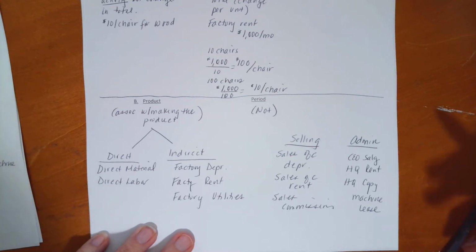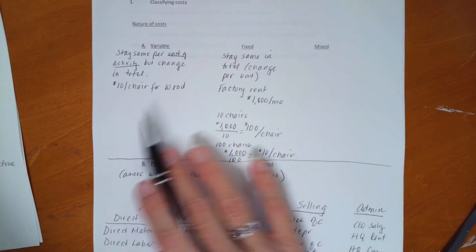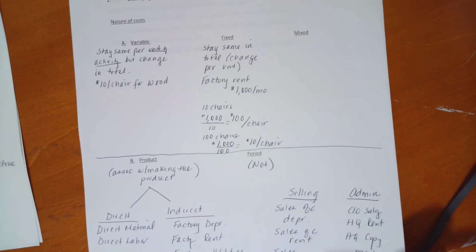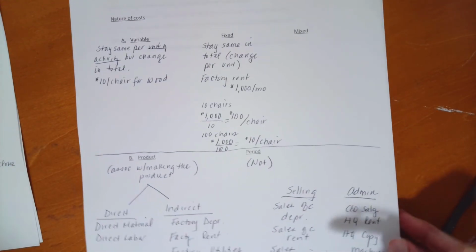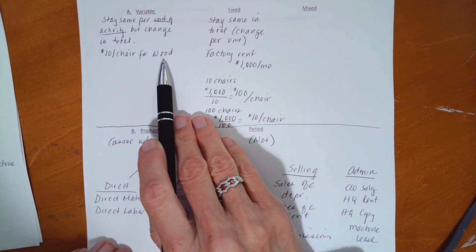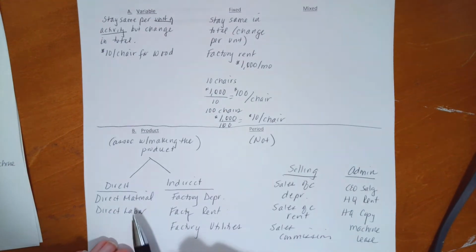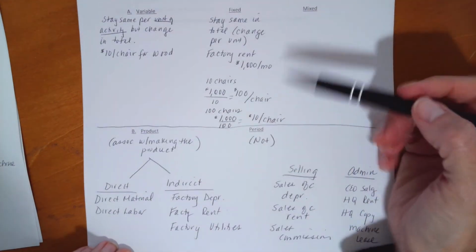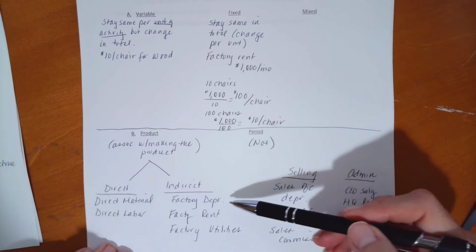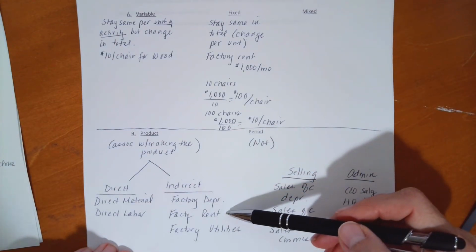So, right, we can break costs down into variable, fixed, or mixed. We can also break those same costs down into whether or not they're product or period costs. So, right, up here we determined that this wood was a variable cost and it's a product cost, right? Factory rent is a fixed cost and it's an indirect product cost.